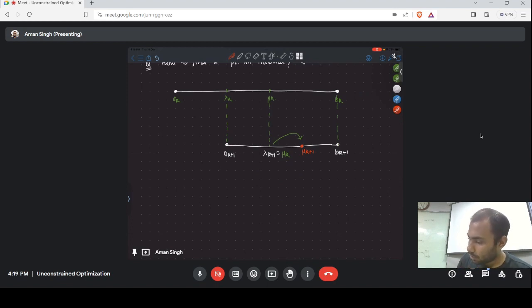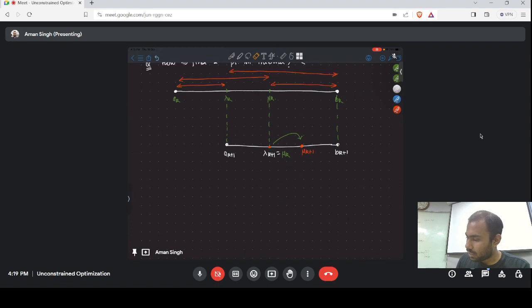Given that we have assumed symmetry, that is this length is equal to this length, and so this length is also equal to this length, and we want to maintain this symmetry in every iteration.